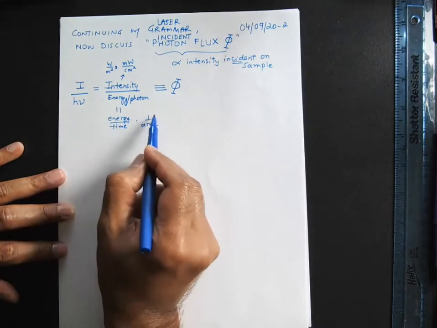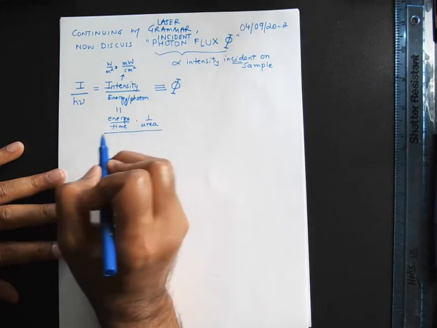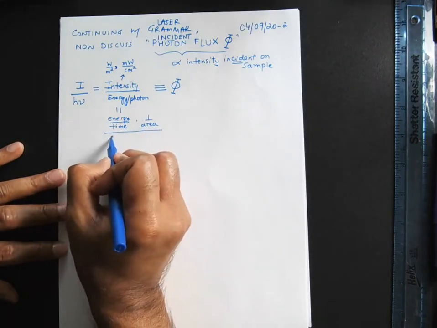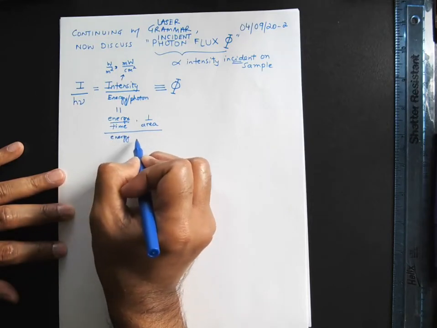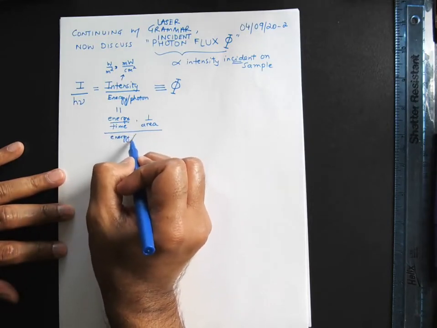Power per unit area divided by the energy per photon, right?